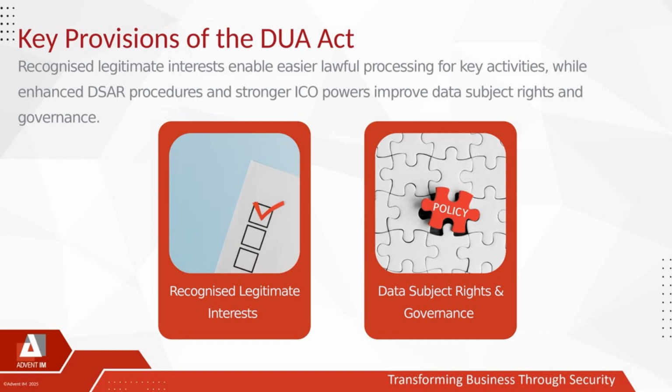Organizations can now refuse or even charge a fee, a reasonable fee, for subject access requests that are considered to be vexatious, i.e. intended to disrupt operations, or excessive, that is, those that are repeated requests with little changes. Now, this replaces the previous and much narrower definition, manifestly unfounded or excessive. So in effect, delete manifestly unfounded or excessive and replace with vexatious or excessive.